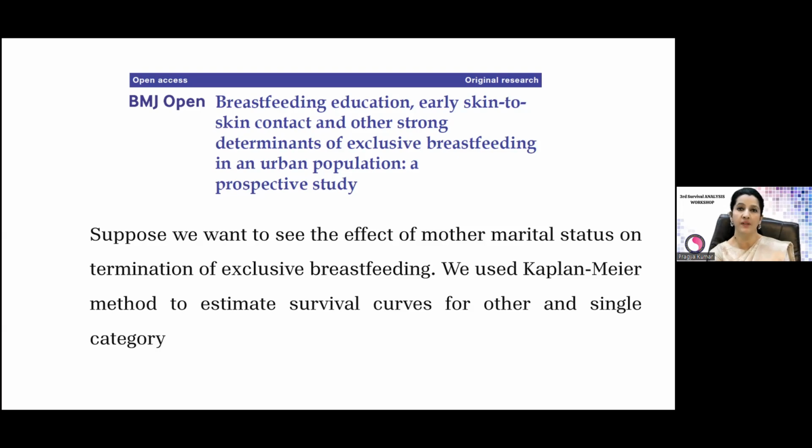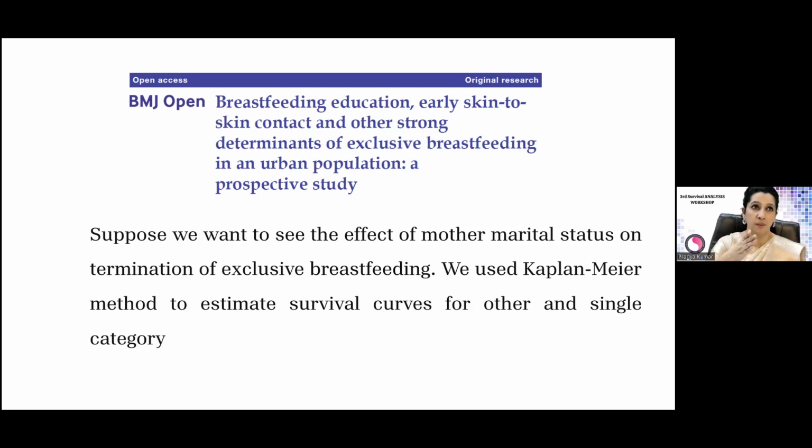Marital status, we have classified as single, where the mother was not married, and others, on the termination of exclusive breastfeeding. We have shared the data set also with you. I have asked you to perform all three analyses and then see how they have done it and how your output is coming.